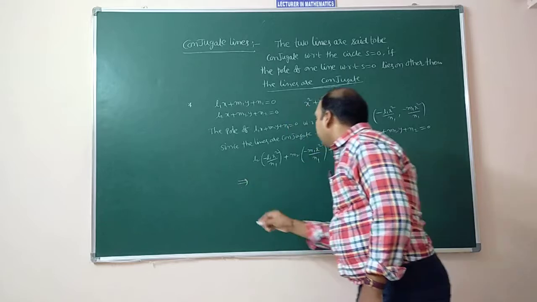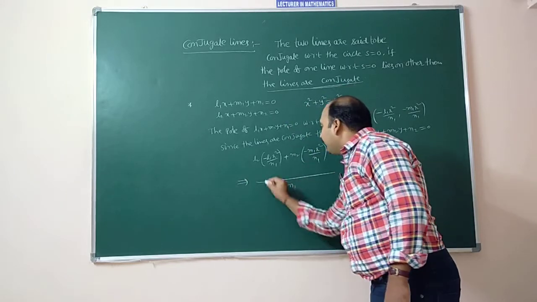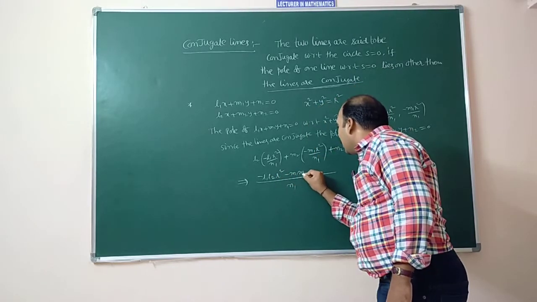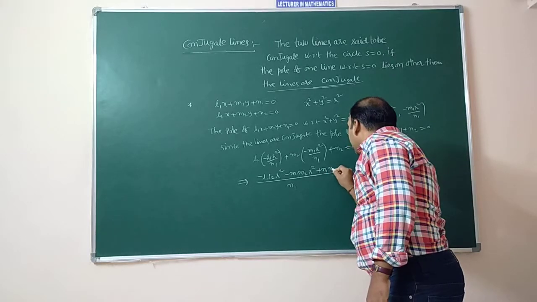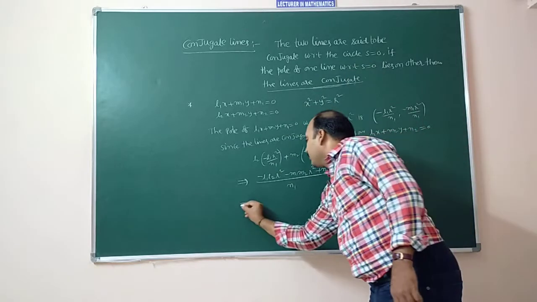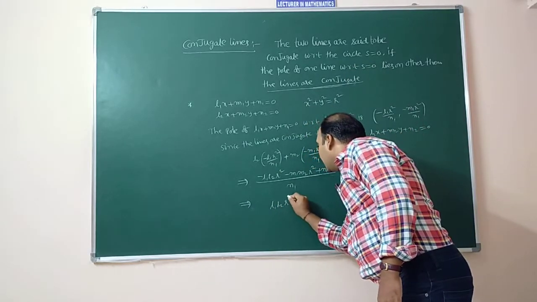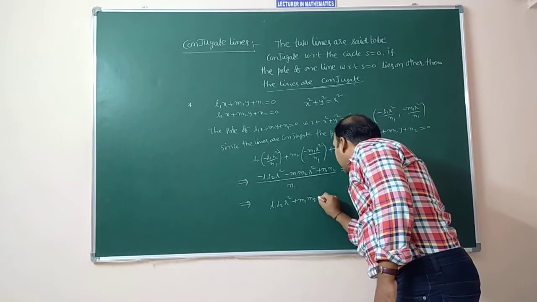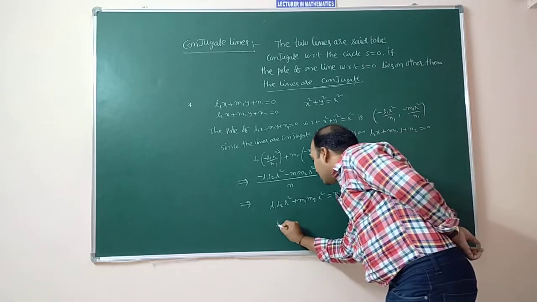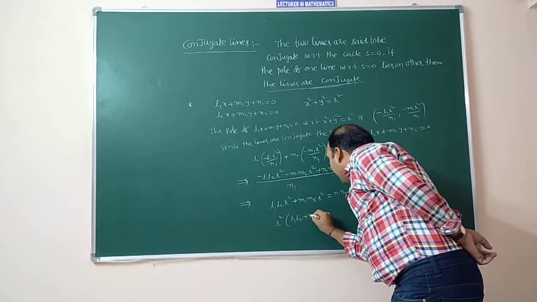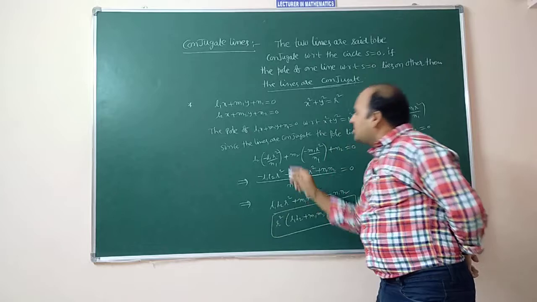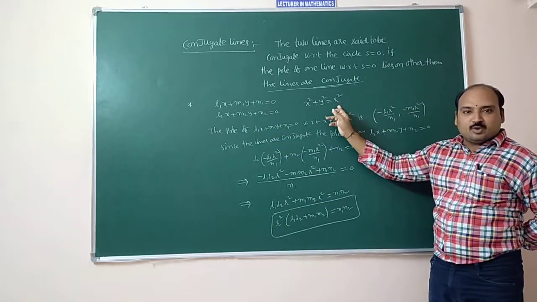Now take the LCM, N1 is the LCM. -L1 L2 r² - M1 M2 r² + N1 N2 = 0. Taking the minus values to the other side, L1 L2 r² + M1 M2 r² = N1 N2. Taking r² common, r²(L1 L2 + M1 M2) = N1 N2. This is the condition for the two lines to be conjugate with respect to this circle.